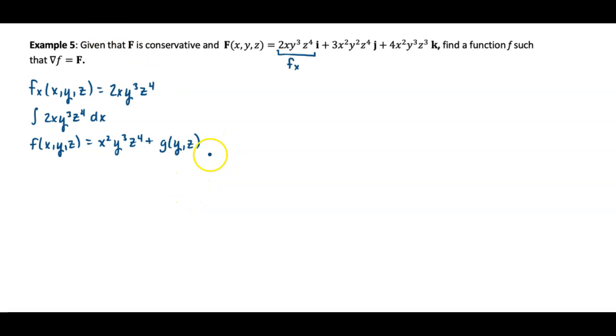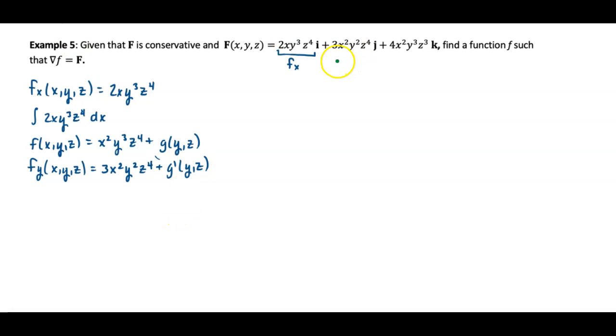So now I'm solving for this g of y comma z. So my next step is to solve for this constant. And so I'm going to take the partial derivative with respect to y so I can compare it to what I have here. So the partial with respect to y of f of x, y, and z, treating x and z as constants, I am left with 3x squared y squared z to the fourth plus g prime of y and z.